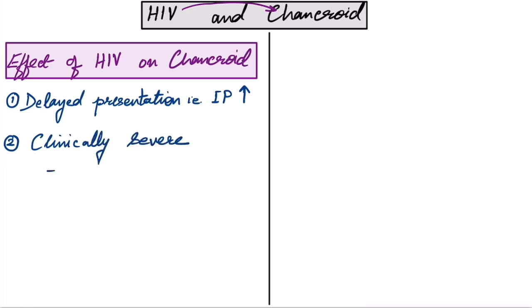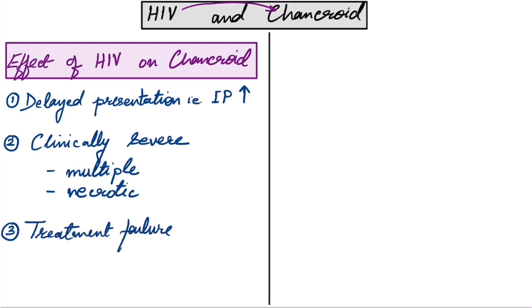So there will be much more in number, multiple, and it will be necrotic, it will be destructive. Now the third is when you give the treatment of Chancroid, the response is poor. So there will be treatment failure and there will be delayed response. You might have to repeat the drugs for treatment of Chancroid.